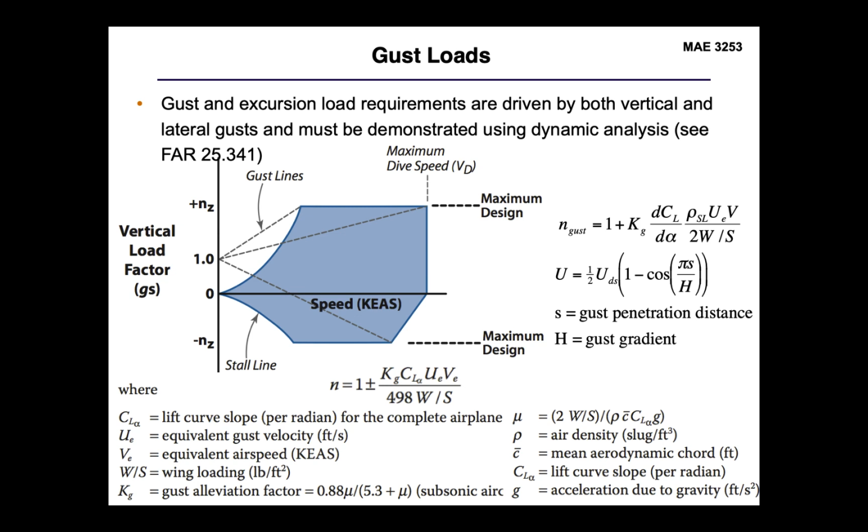And so these gust lines will then be exhibited by looking at both from the level and steady flight point to the maximum bounds that you have in your VN diagram.